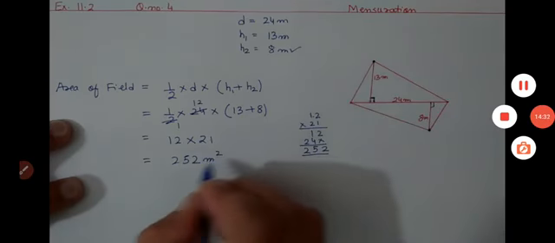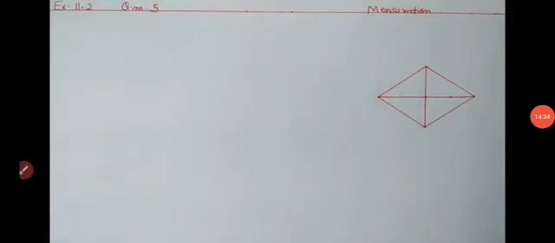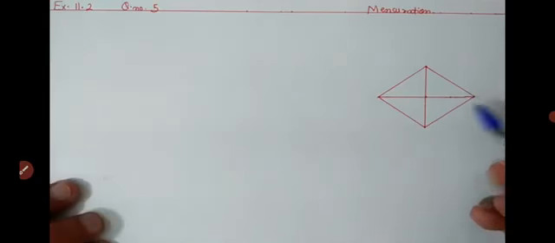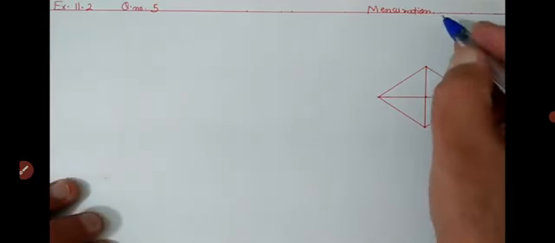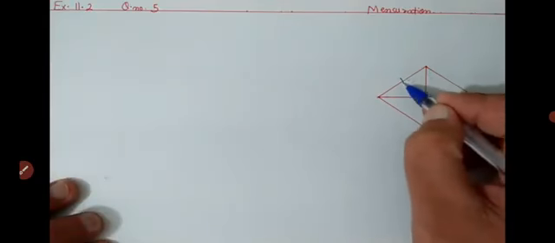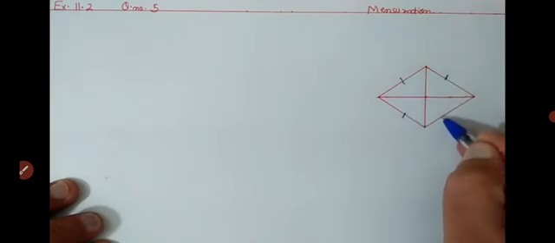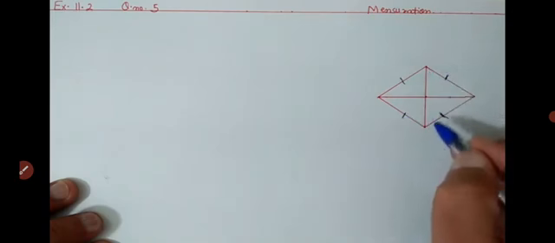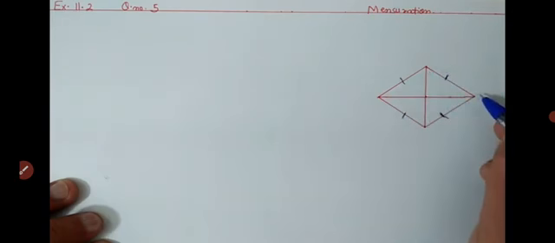Okay, understand? Now see question number 5th. The diagonals of a rhombus are 7.5 centimeter and 12 centimeter. Find its area. Okay, so rhombus है, rhombus के diagonals are given. What is the property of a rhombus? All the sides are equal in the rhombus. And the diagonals are given, that is 7.5 centimeter and 12 centimeter.